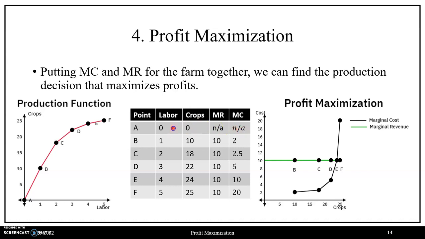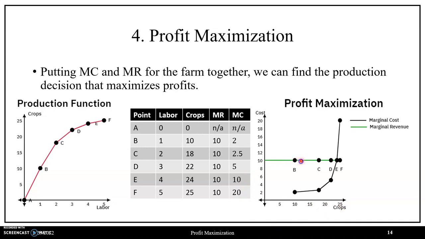So then this farm decides to go from point A to point B, so they're using 1 unit of labor in order to produce 10 crops, where marginal revenue will be 10, or marginal cost will be 2. So additional money flowing into this farm will be greater than additional money flowing out, or we can see this in our profit maximization process on the right, where cost is on the vertical and crops is on the horizontal.